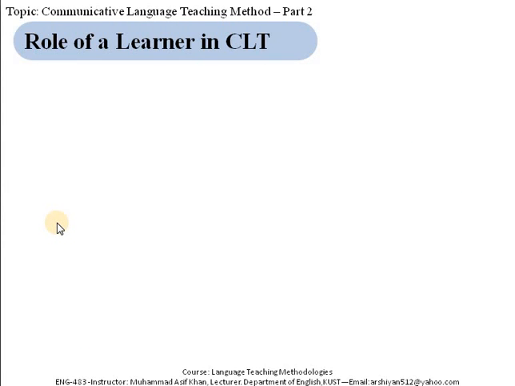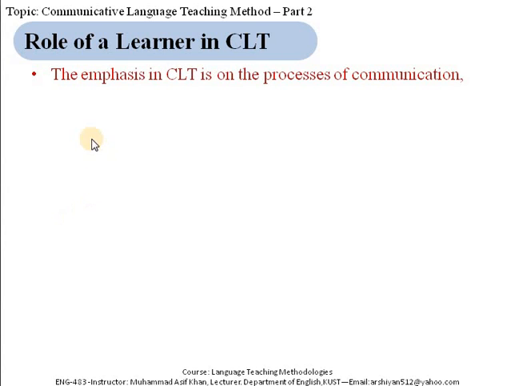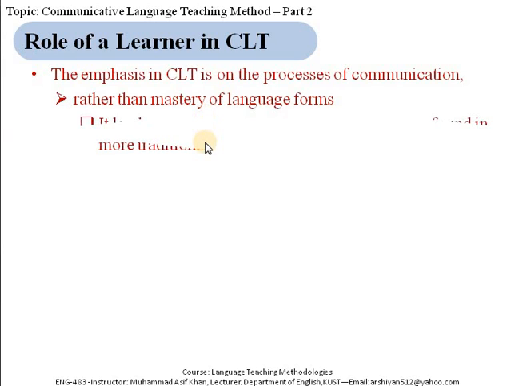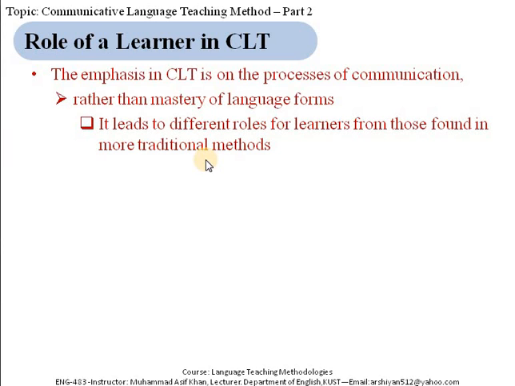The emphasis in CLT is on the process of communication rather than mastery of language forms. This central belief of CLT leads to a different role for learners from those found in more traditional methods.